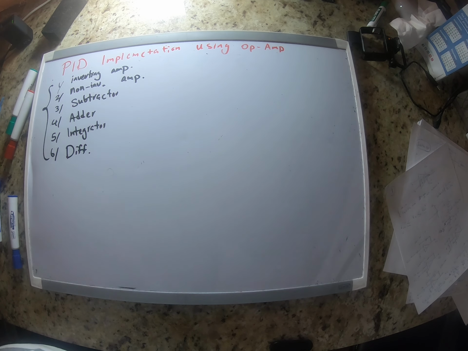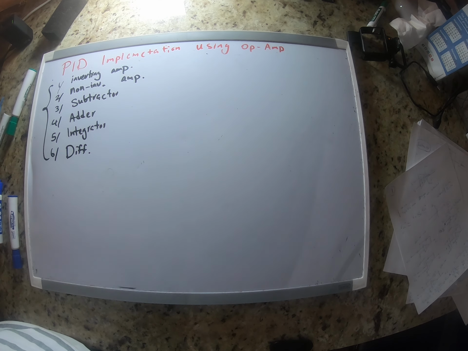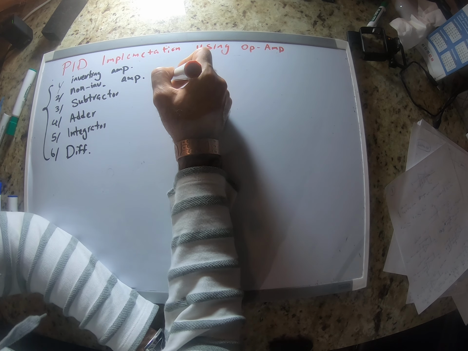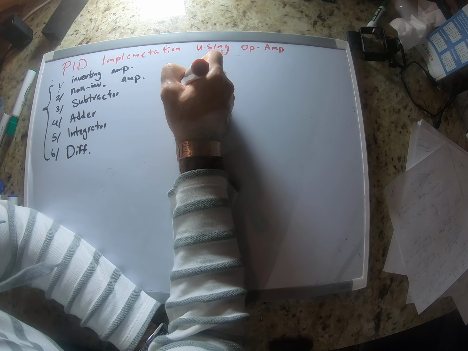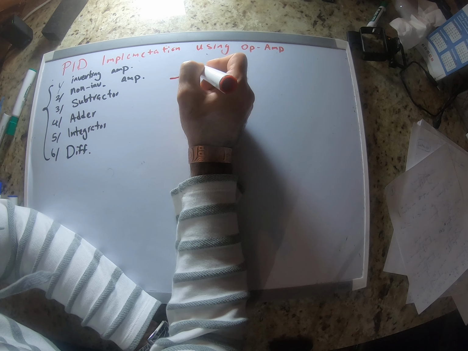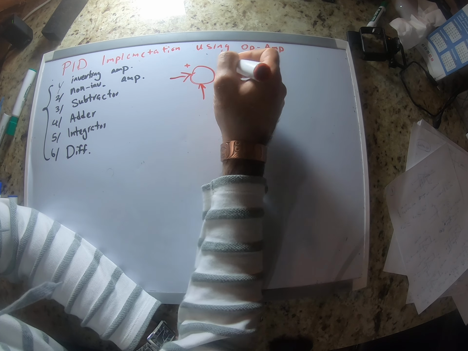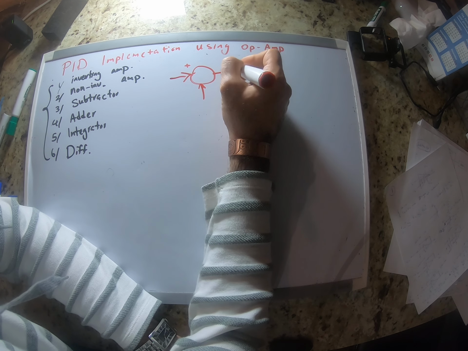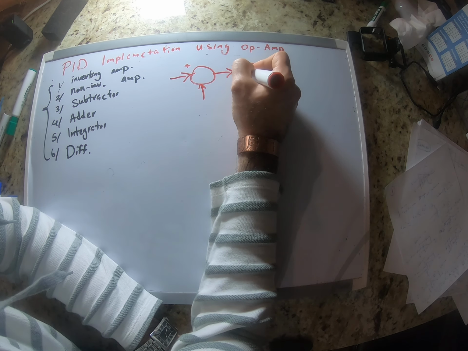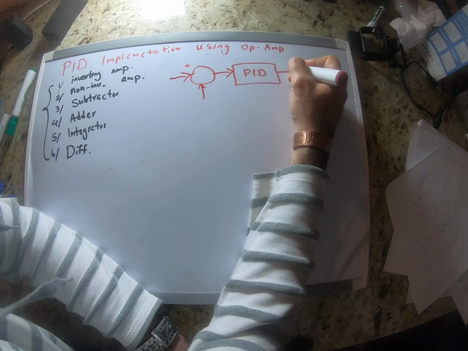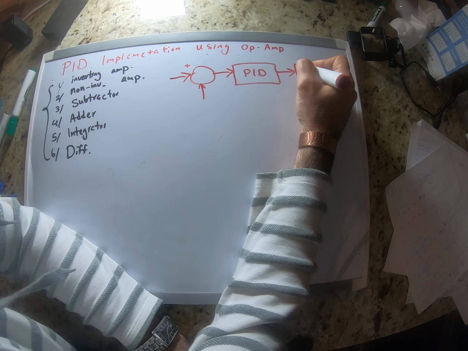Okay, so now let's go back to feedback control that you saw before. Let's say we want to implement feedback control for a system, and we want to use PID. This is the transfer function of our plant.